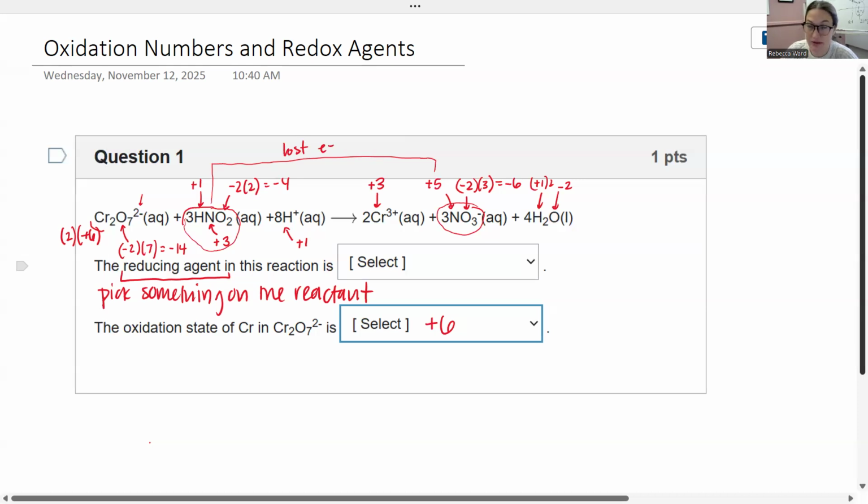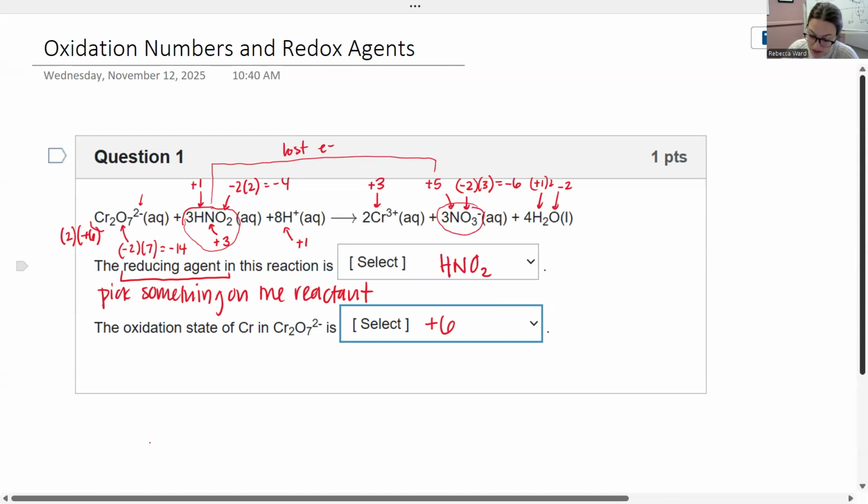Specifically, we can say that the nitrogen was sort of where that electron density was. But when we are asked for the agent, we talk about the whole molecule that those electrons came from. So this is HNO2.